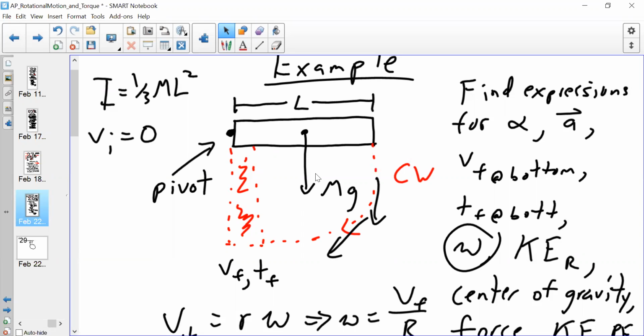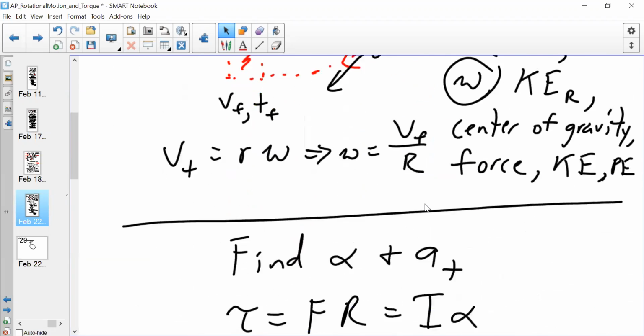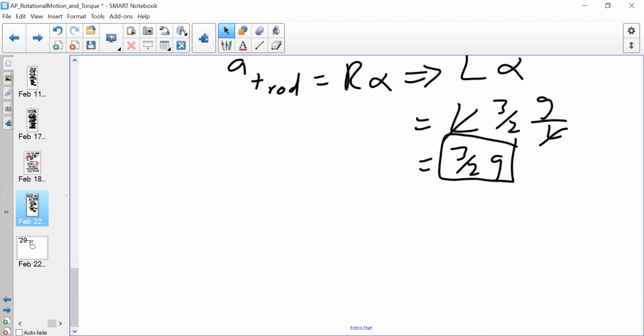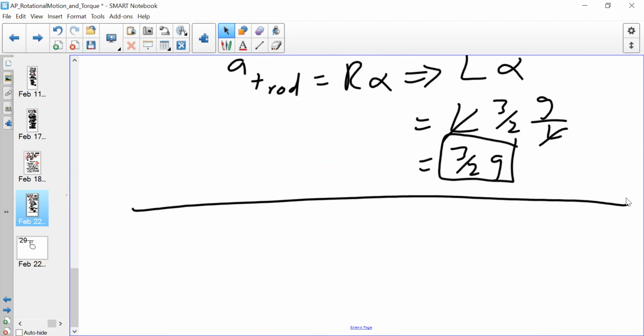Thing with kinematics, it can get a little cumbersome because we're going to be doing an arc length, or we could do a distance L over 2. It's all how we look at it. I'm going to approach it from energy principles. And that's something we're going to be talking about a little bit today if we have time. If not, it'd be next class.